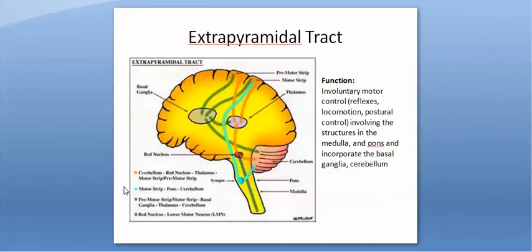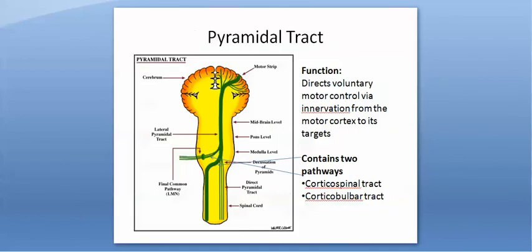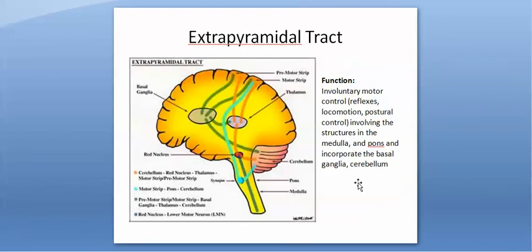All right, so then the extrapyramidal are kind of the opposite in terms of motor control. The pyramidal are responsible for voluntary control. Extrapyramidal are responsible for involuntary control. So they're in charge of reflexes, locomotion, and postural control, and they involve structures in the central nervous system, such as the medulla, pons, cerebellum, and basal ganglia.